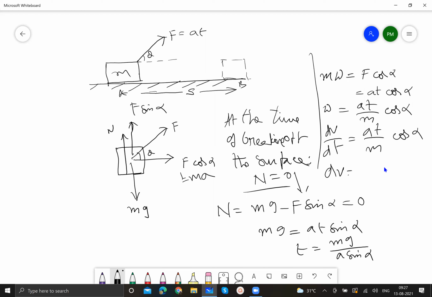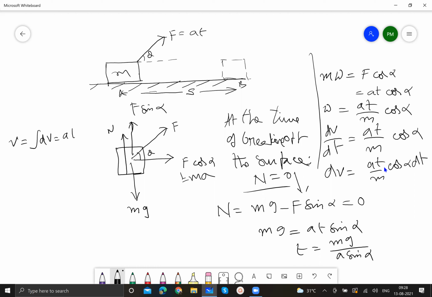Therefore, dv is equal to AT by M cos alpha dt. So now I want V. If I want V, it is integral dV.